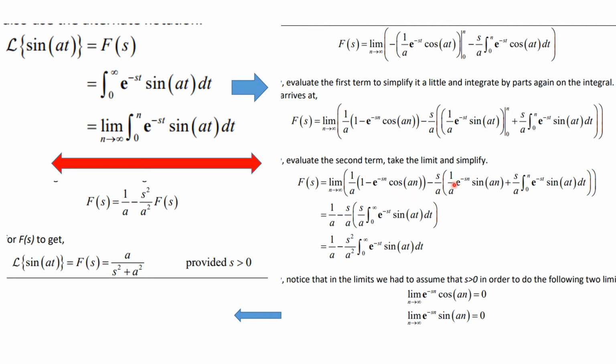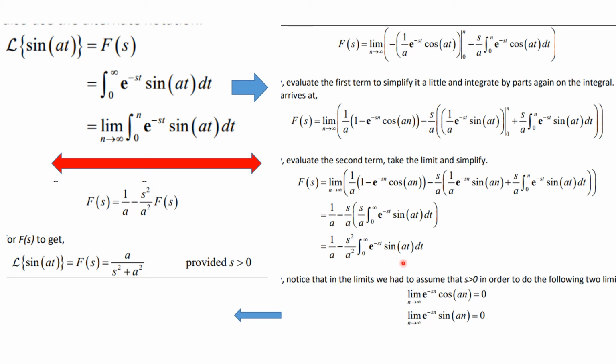And similarly, this one is going to go to 0. So this simplifies a great deal, and this is what you have, 1 over a minus s over a, and this is s over a again, and this integral. But this integral here, we're going to realize is s over a times the Laplace transform again of the sine of at. But let's not get ahead of ourselves.